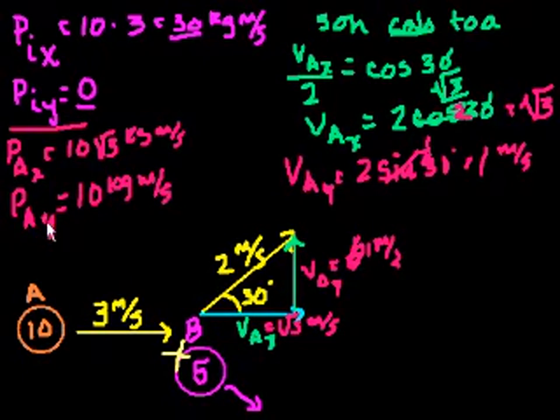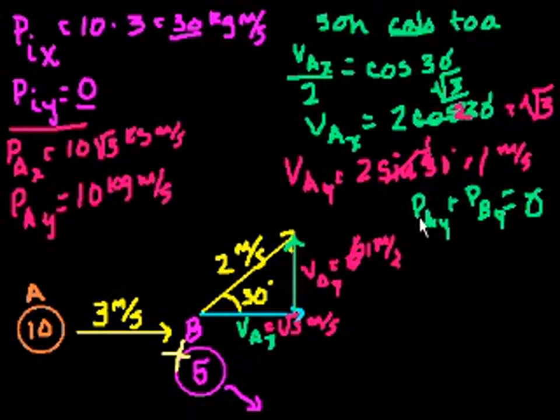So now let's figure out B. Let's do the y direction first because they add up to 0. I'm going to switch colors. We know that, after the collision, the momentum of A in the y direction plus the momentum of B in the y direction have to equal what? Well, what was the initial momentum in the y direction? It was 0. There was no movement in the y direction initially.